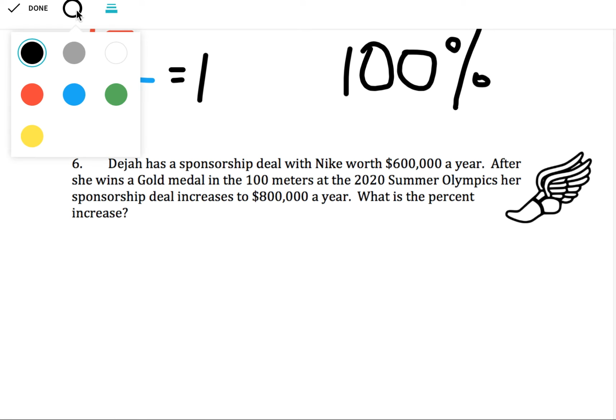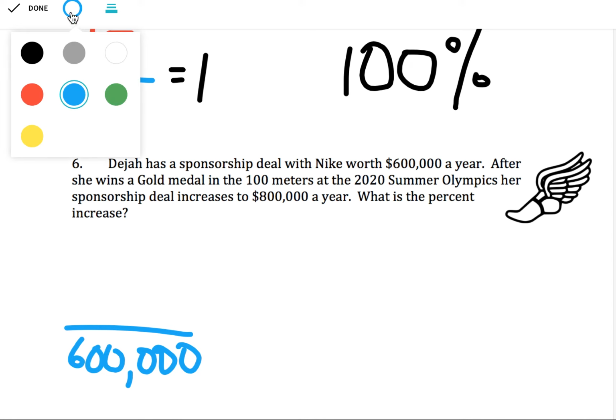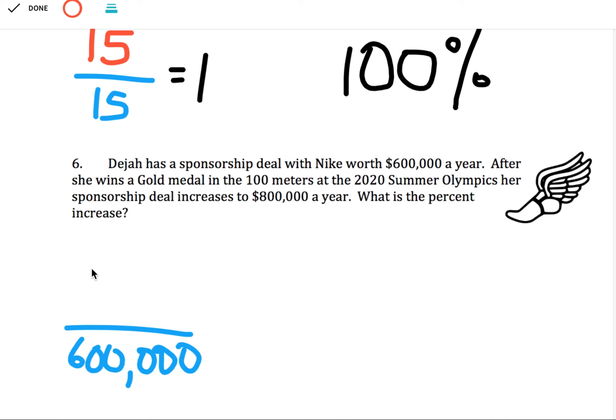Number 6, Deja has a sponsorship deal with Nike worth $600,000 a year. Again, original amount is $600,000. After she wins a gold medal in the 100 meters at the 2020 Summer Olympics, her sponsorship deal increases to $800,000 a year. So the most common error students would make is put $800,000 on the top. But you don't put the new number on the top, you put how much it's increased by.